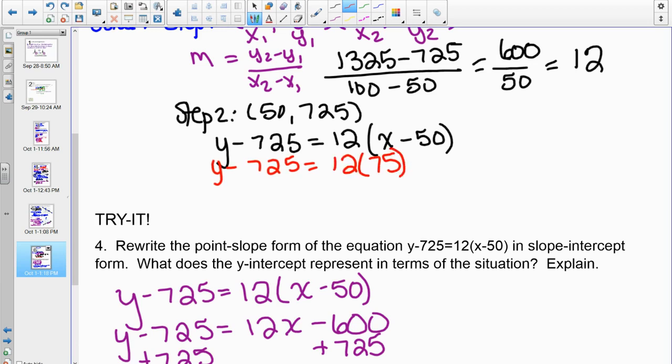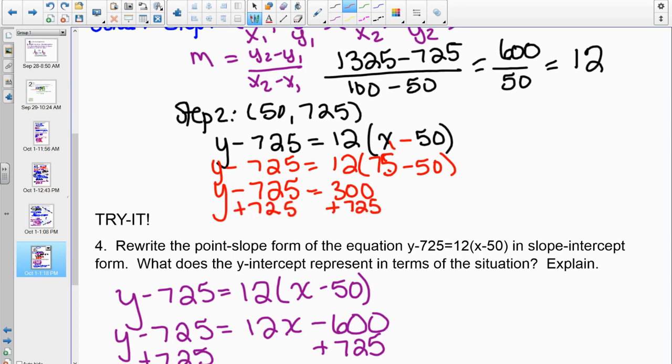So we're going to go y minus 725 equals 12 times, this time we're going to put 75 in there, and we're going to subtract that 50. So 75 minus 50 is 25, and 25 times 12 is 300. We're going to add 725 to both sides to get y by itself here.